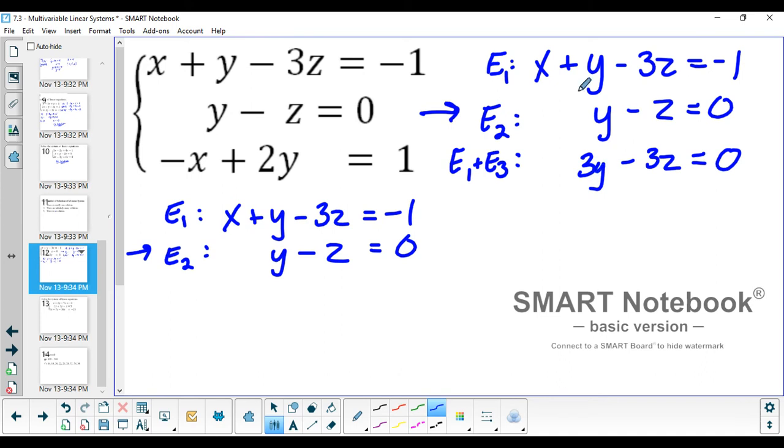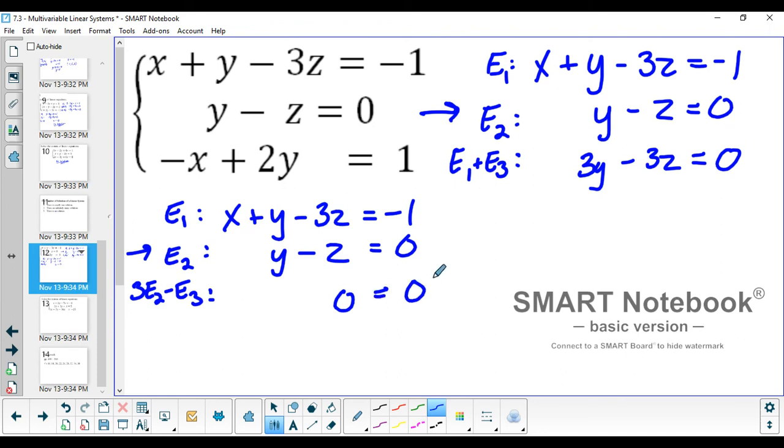So I'm going to say 3 times equation 2 minus equation 3. So when I do that, of course, 3 times 0 is still 0, minus 0 is still 0. 3y minus 3y gives me the 0 that I want. -3z minus -3z gives me another 0, actually. So all of these become 0 on the left-hand side. So I just put a 0 there for a placeholder. And of course, 3 times 0 is still 0, minus 0 is 0.